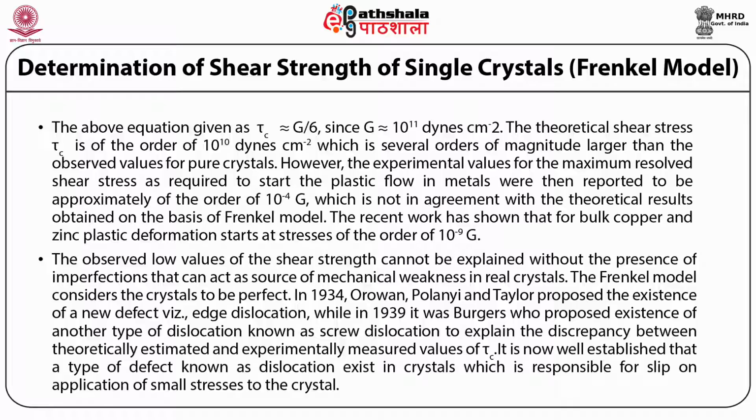In 1934, Orowan, Polanyi, and Taylor proposed the existence of a new defect, namely edge dislocation, while in 1939 it was Burgers who proposed the existence of another type of dislocation known as screw dislocation to explain the discrepancy between theoretically estimated and experimentally measured values of tau c.